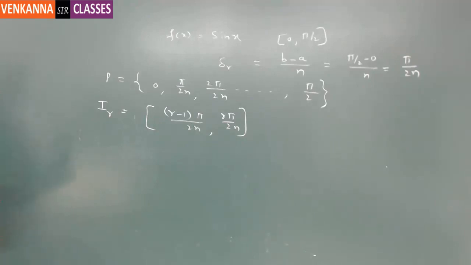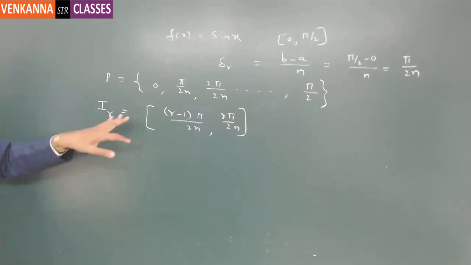Right. Now you can calculate the UPF as well as LPF. Now the question here is, if you consider the sin x function on the given interval, is it increasing or decreasing? Sin 0, sin 30, sin 45, so on, sin 90. Increasing.